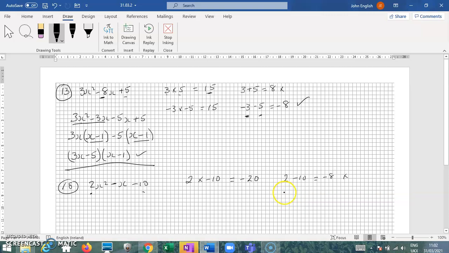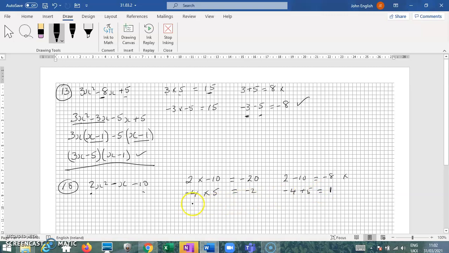4 multiplied by 5 will give us 20. Now, we have to figure out what works here. We're looking for minus 20. So let's say we put the minus in front of the 4. Minus 4 multiplied by 5 gives minus 20. And minus 4 plus 5 actually gives us a positive 1.